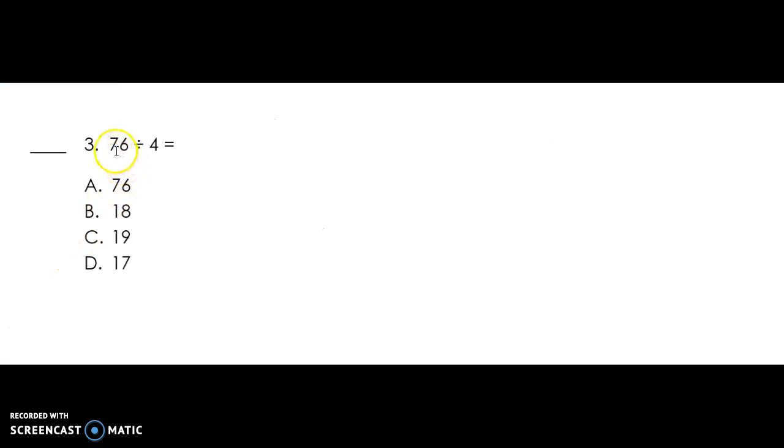Number 3, 76 divided by 4. Which one is the divisor, and which one is the dividend? 4 is the divisor, 76 is the dividend. I'm asking myself, how many groups of 4 can go into 76?